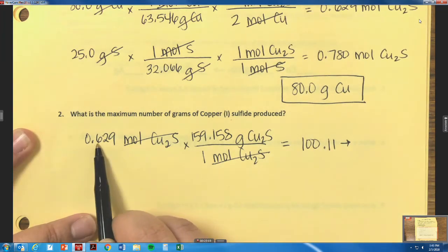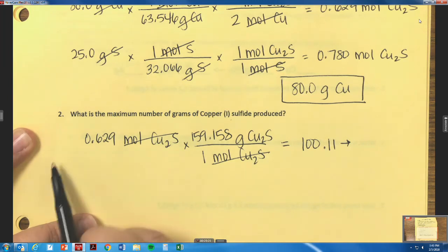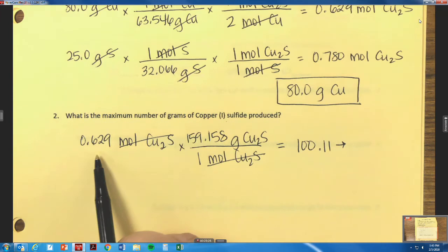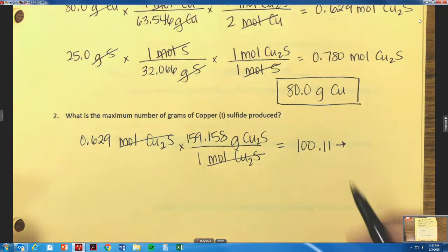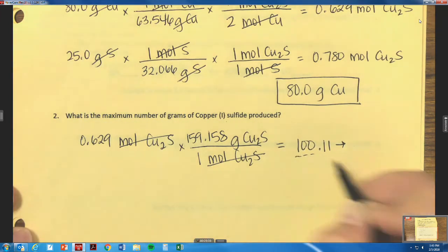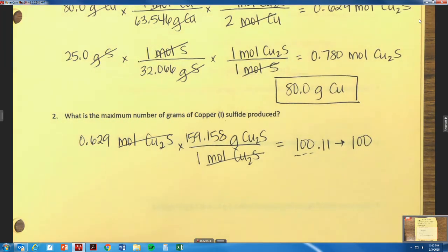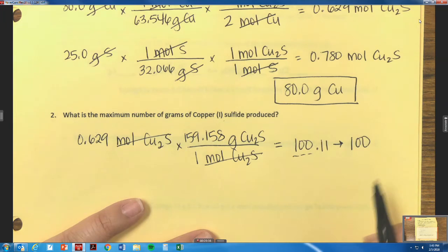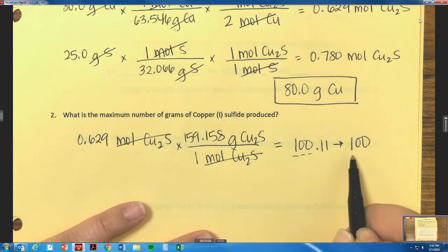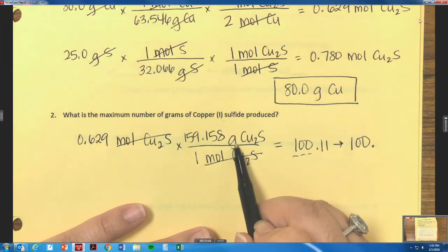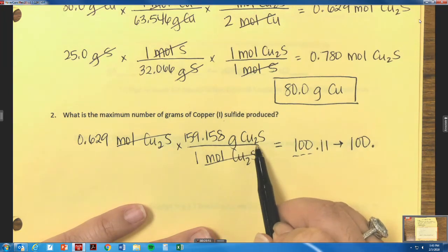Here we have 1, 2, 3 significant figures. Remember that our leading zeros are never significant, so we only have 3. To round this correctly, we would round to 100. But remember, without a decimal, this is actually only one significant figure. So to make our zero significant, we're going to have to add a decimal at the end, and our unit is going to be grams of copper 2 sulfide.